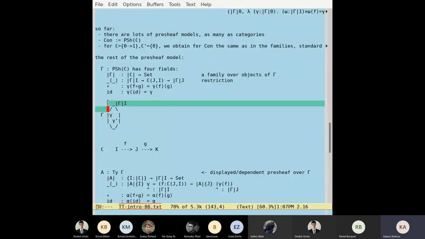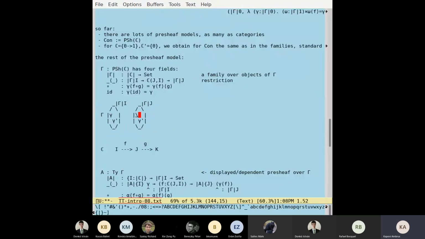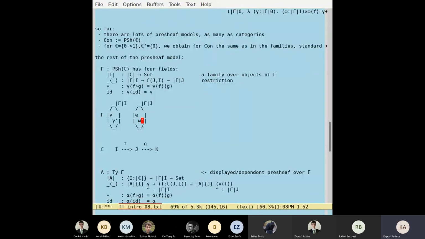And I also have another set over gamma j, right? This will be gamma j. It has some other elements. I don't know, omega prime, okay. And for each object I get a set. So also I have a set over k, which is gamma k.